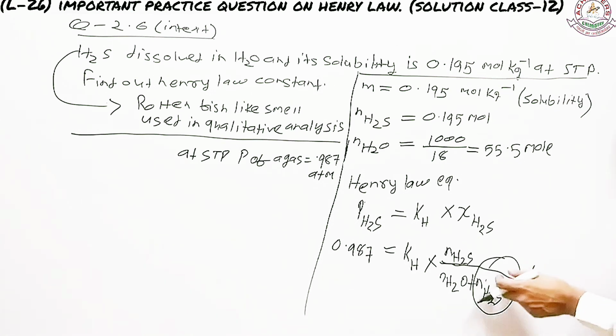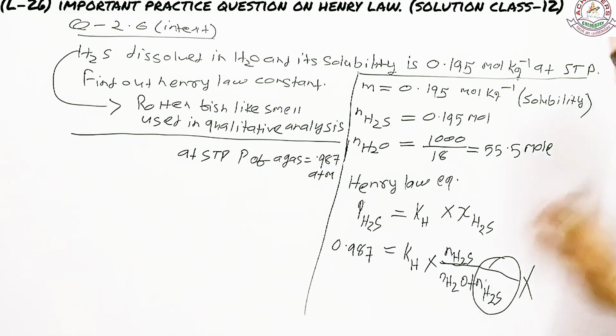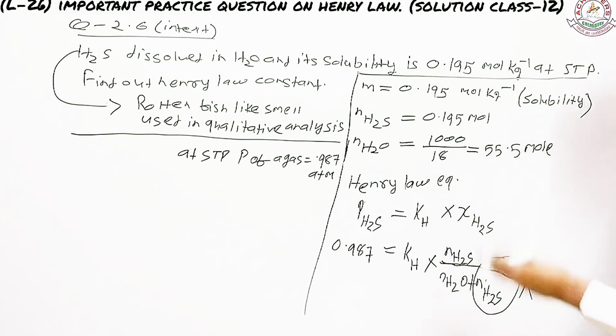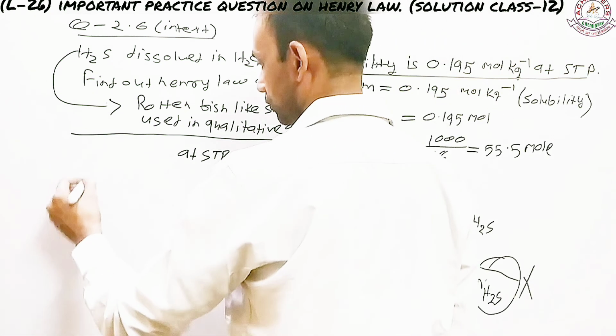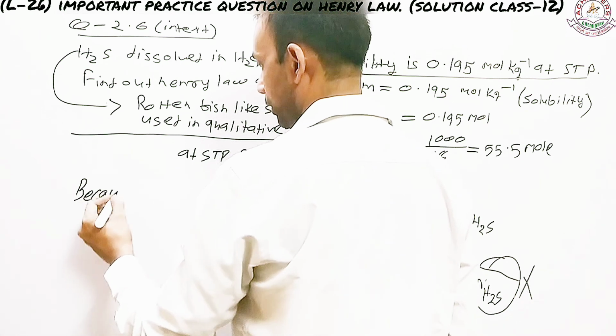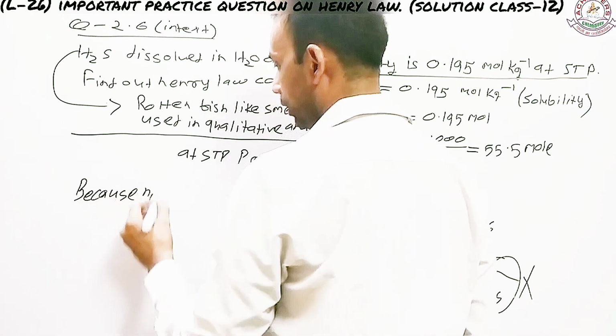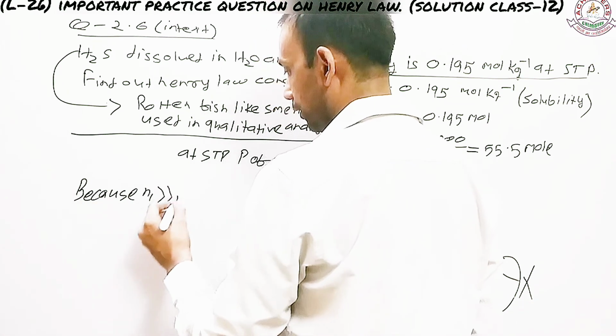Why? Because when a solution is dilute, in order to make the calculation simple and easier, the number of moles of the solute in the denominator is ignored. You can use it, but it is ignored just to keep the calculation simple. The reason behind ignoring it is that n1 is much greater than n2.